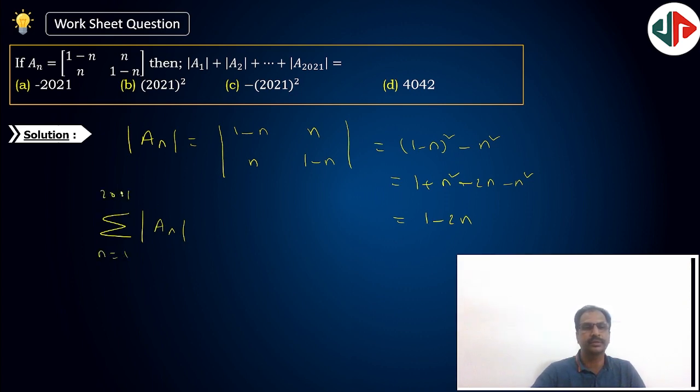You can write like this. It is equal to sigma 1 minus 2n, n is equal to 1 to 2021. This is nothing but sigma 1 minus 2 times sigma n, n is equal to 1 to 2021.